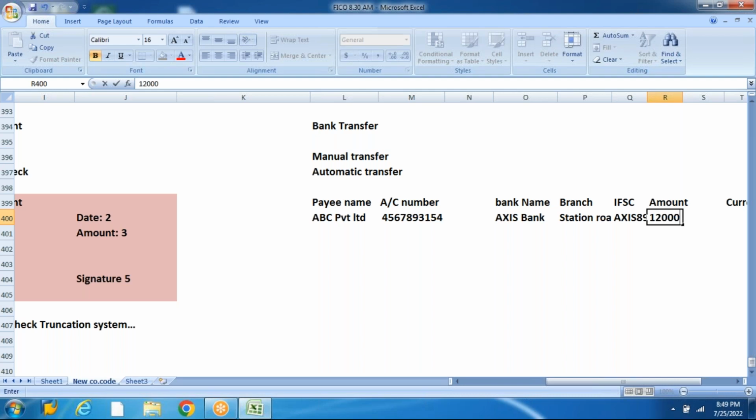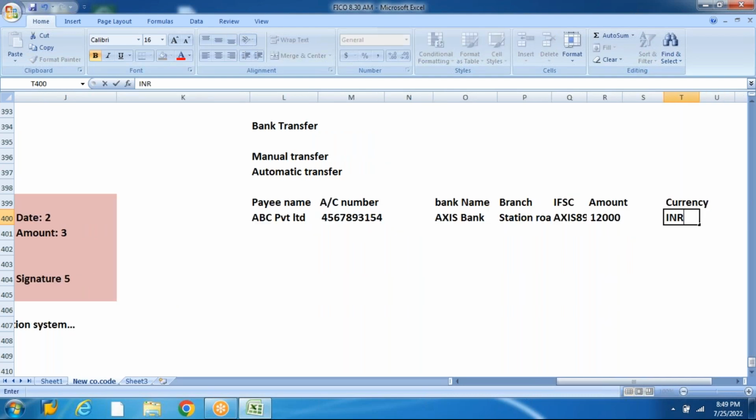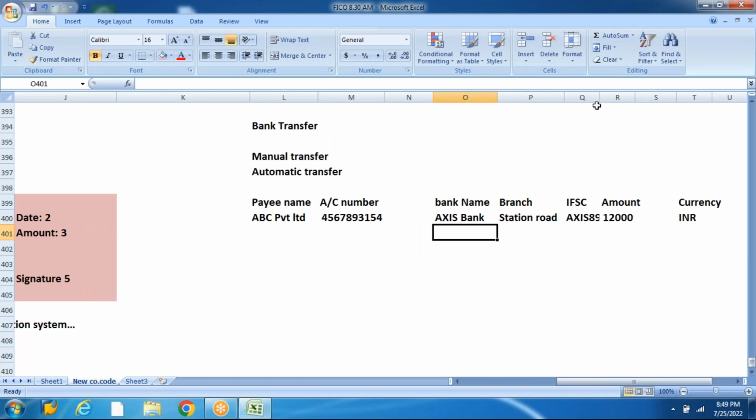Amount, let's say 12,000. Currency, I'll put INR. Only when I give this kind of information, the bank will transfer.